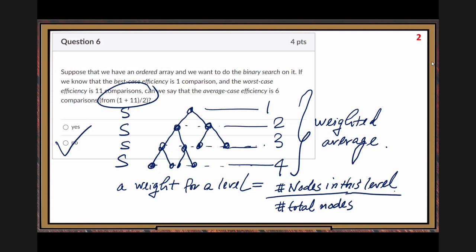So you take a weighted average using this weight definition. That's the right way to calculate average case efficiency. But you can see the weights for all levels are different. So that's this question. Why not correct?